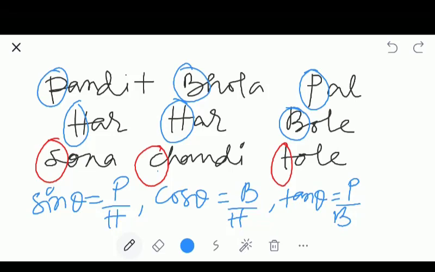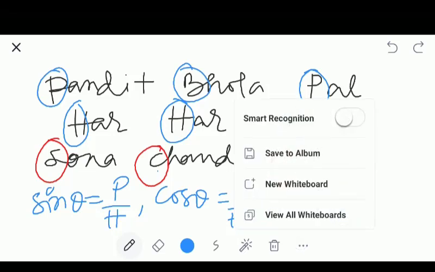When sine works on angle theta, we get the ratio of perpendicular and hypotenuse. When cos works on angle theta, we get the ratio of base and hypotenuse. When tan works on angle theta, we get the ratio of perpendicular and base. Right? Now, this is the basic introduction, part 1. Now we are just moving forward.